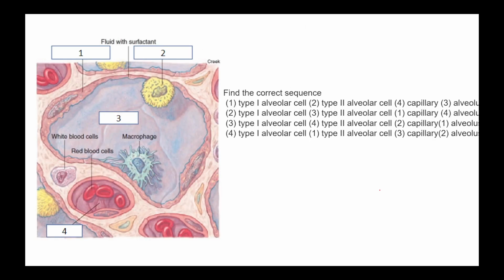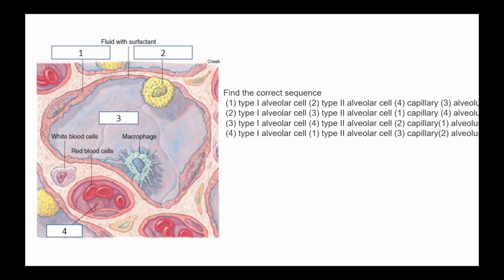Next we have this cross section of the alveoli. This one shows the fluid with the surfactant. And what is the third one, this one?